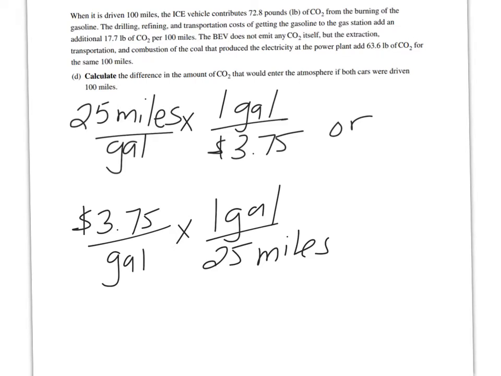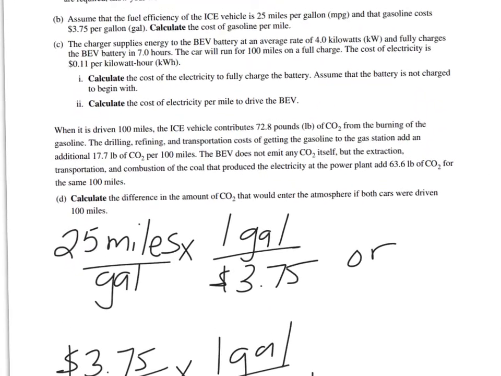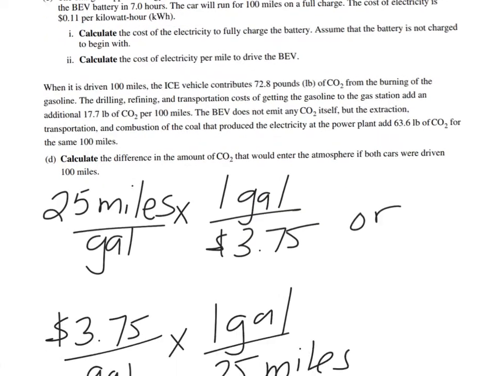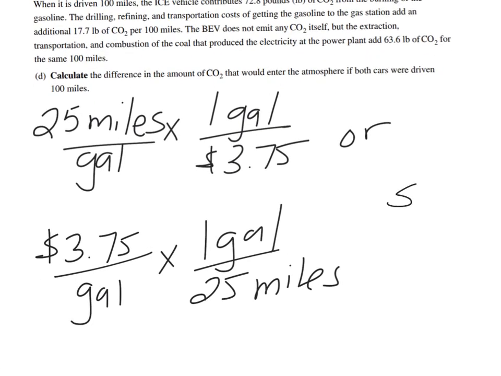Well, let's look at what our question is asking. The question is asking cost per mile. So my answer needs to come out like this: money per mile. So which one of these gives me money per mile? It's the second one.